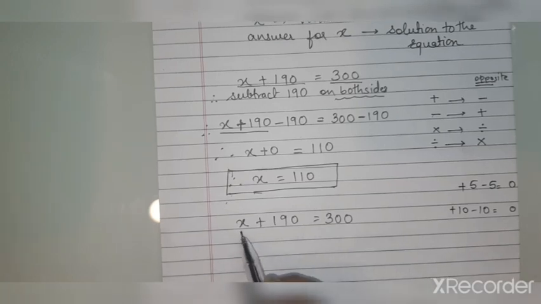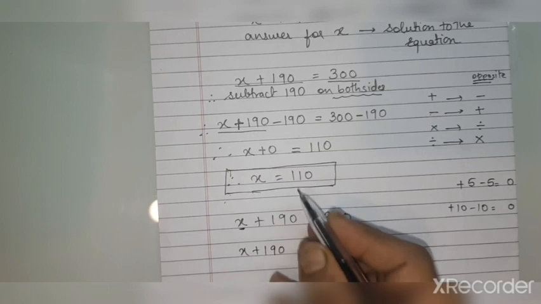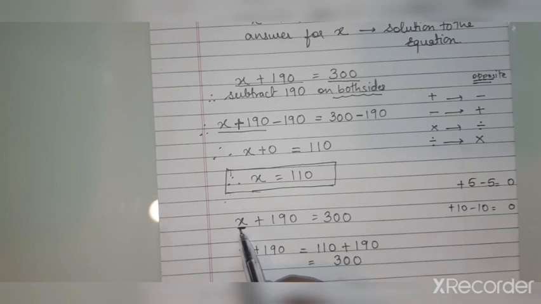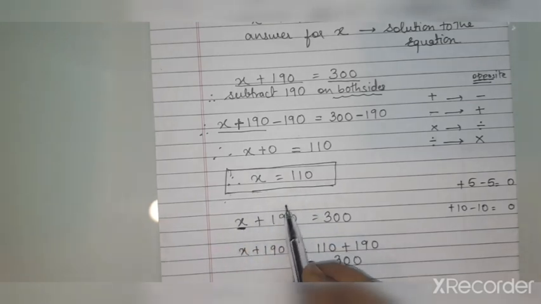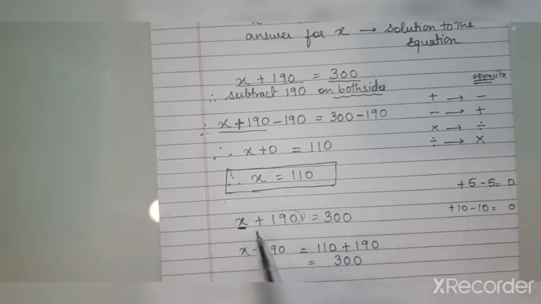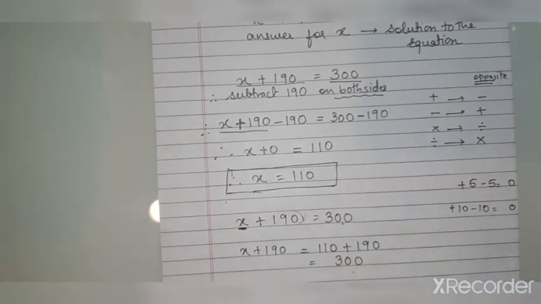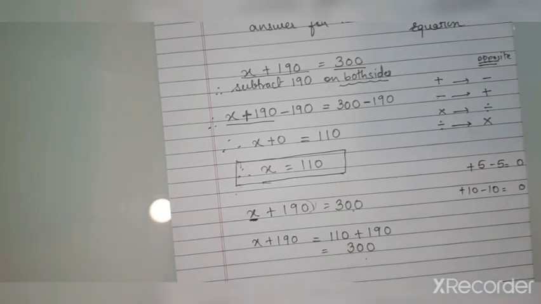Let us see. Instead of x, I will substitute 110 plus 190. You add and you see, you will get 300. So if I put the solution here as 110, the answer I get is 300. So 300 equal to 300. Now the weighing scale is balanced.